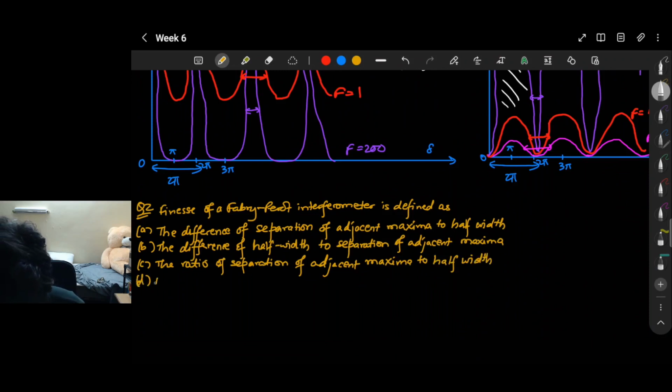Option D, the ratio of half width to separation of adjacent maxima.